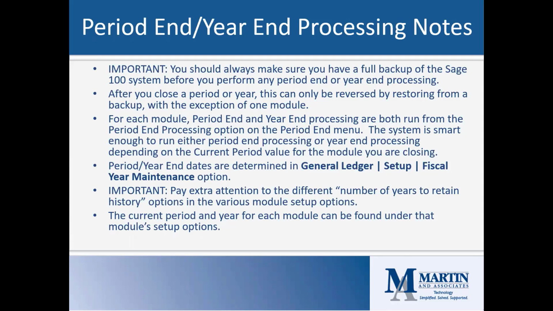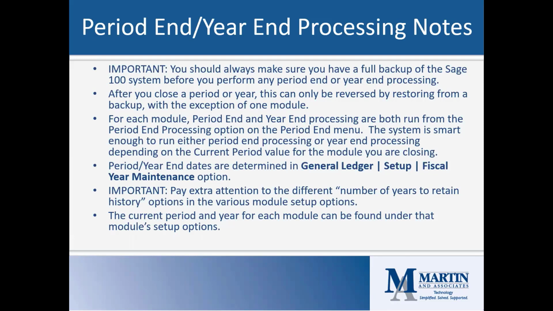Once you close that module and it goes through and does all its processing, there's no way of saying, okay, unclose that module because I need to process some additional data in that month for that module. There is one exception to that, which we'll talk about a little bit later, and the one exception is the general ledger module, and we'll talk about how that comes into play later on.